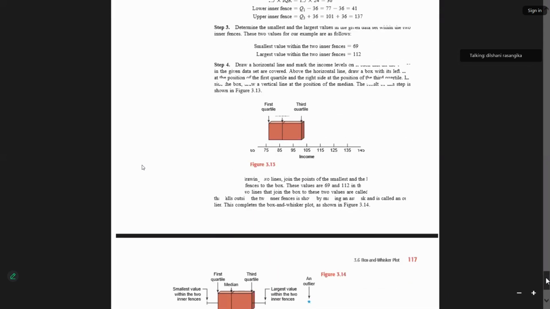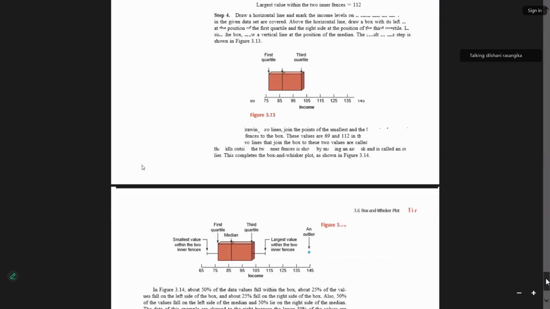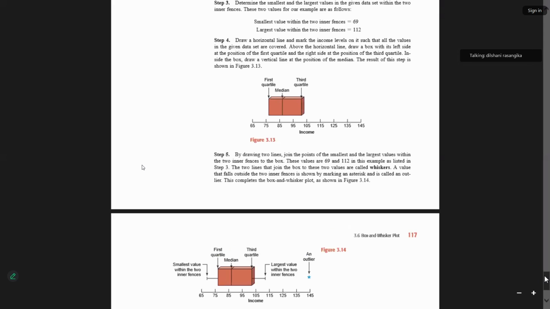Then the last step is marking the smallest value within the two inner fences and the largest value within the two inner fences. What are the two inner fences? Sorry, the smallest value is 69 and the largest one is 112.